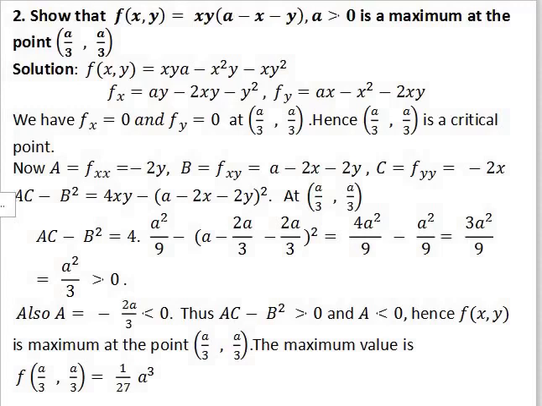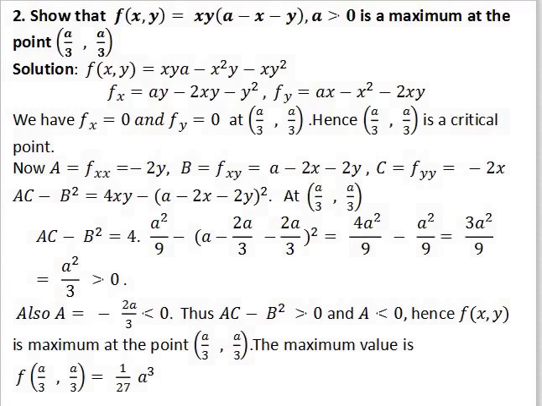That is 4 into a/3 into a/3 is 4a²/9, minus (a - 2a/3 - 2a/3)². Now 2a/3 plus 2a/3 is 4a/3, so a - 4a/3 is -a/3. So (-a/3)² is a²/9.